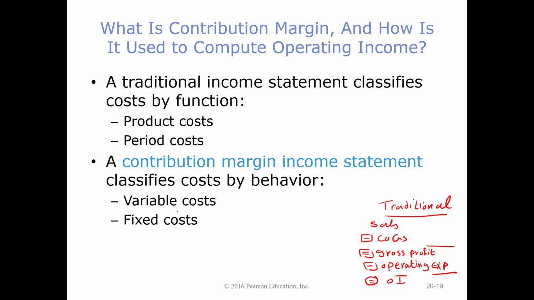Okay. Now we started to classify the cost into variable and fixed. So this traditional format will no longer be valid. So we have now what we call the contribution margin income statement.